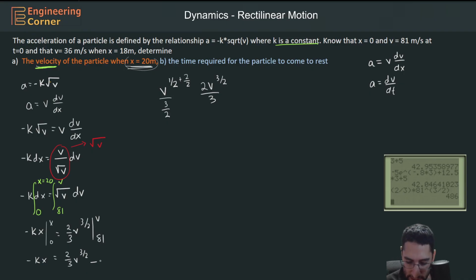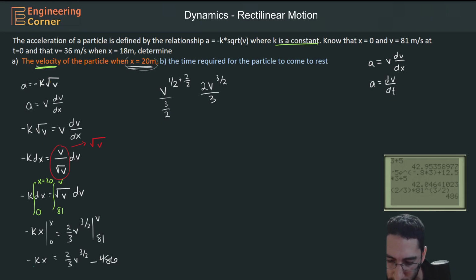So minus 486. So now we just have a little problem. We know that x is going to become 20. I think I'm off the screen, but we know that this is going to be set to 20, but we don't know what k is. And we weren't asked to find this as a function of k.